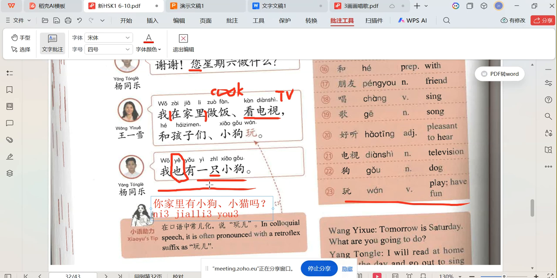Very good. 很好。And others? 你们呢？你家有小狗、小猫吗？Do you have a dog or cat in your home? Answer me.